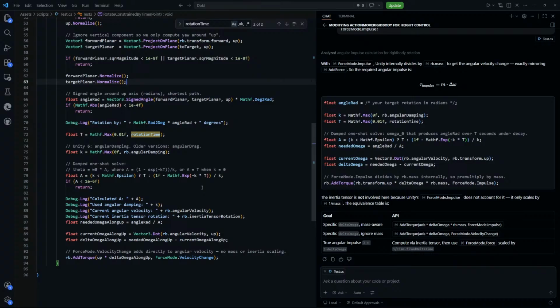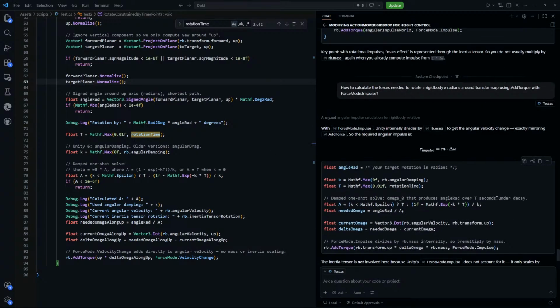Okay, this is exactly how we do it. You know what? Okay, so here we do multiply with RB mass.